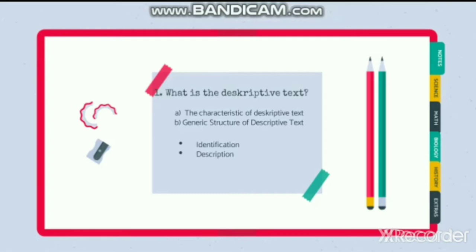And the characteristic of descriptive text is that it also uses many adjectives. The function of this text is to provide information by describing an object. In descriptive text, there will be many adjectives, for example, big, small, colorful, and so on.